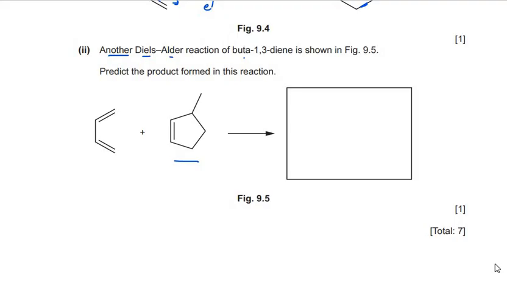Now predict the product formed in this reaction. A similar reaction will occur where the bonds will shift here and here. In short, these 2 carbons will bond with the buta-1,3-diene to form a complete ring with a single double bond.